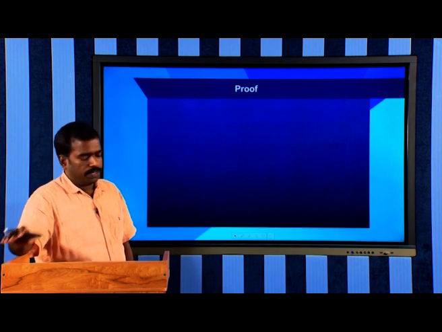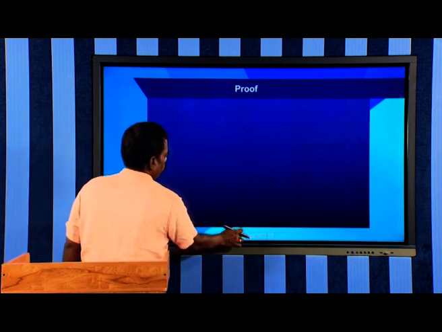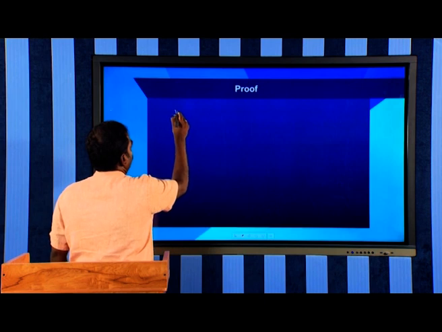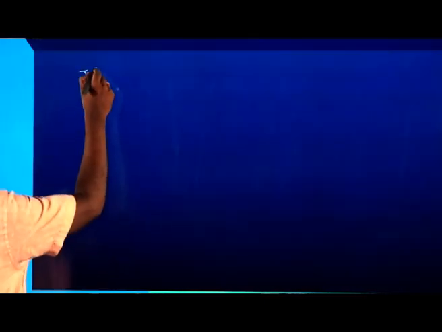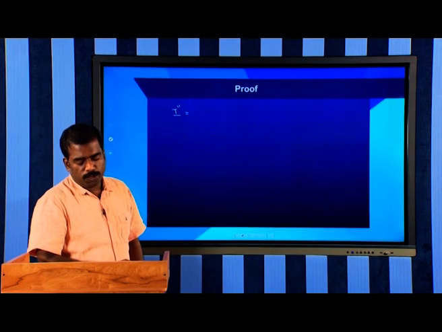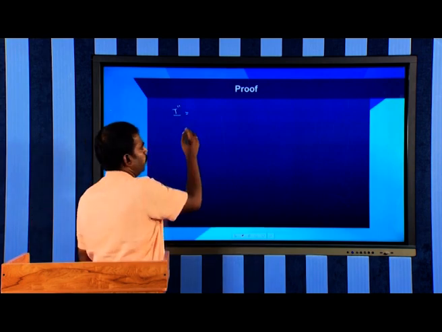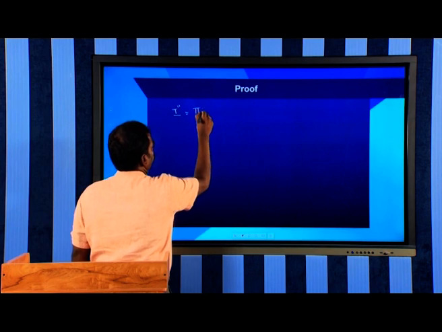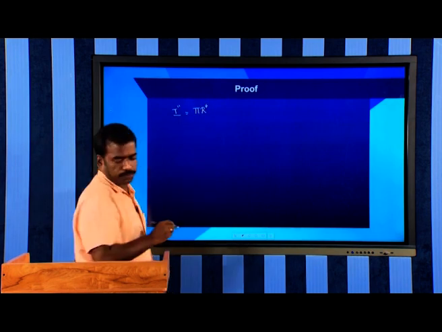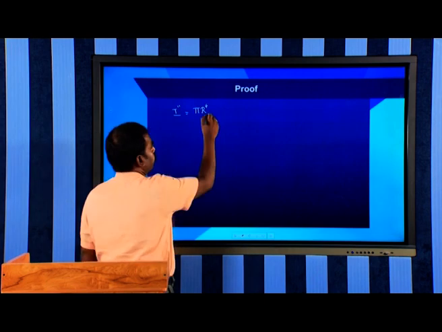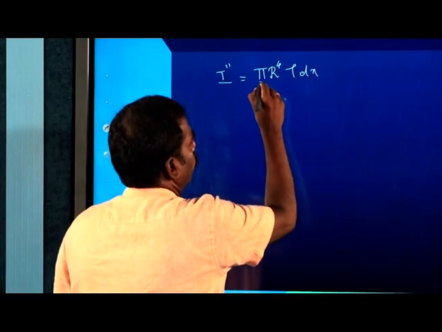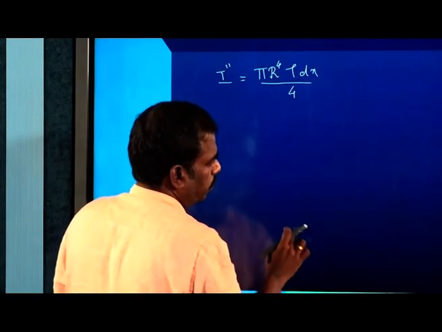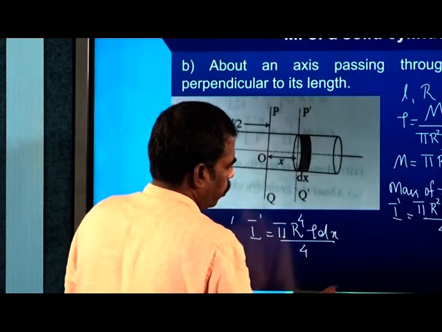The parallel axis theorem, which is given by I double dash equal to the moment of inertia of the disk about its diameter, which is I dash. We got it as pi r raised to 4 rho dx by 4.